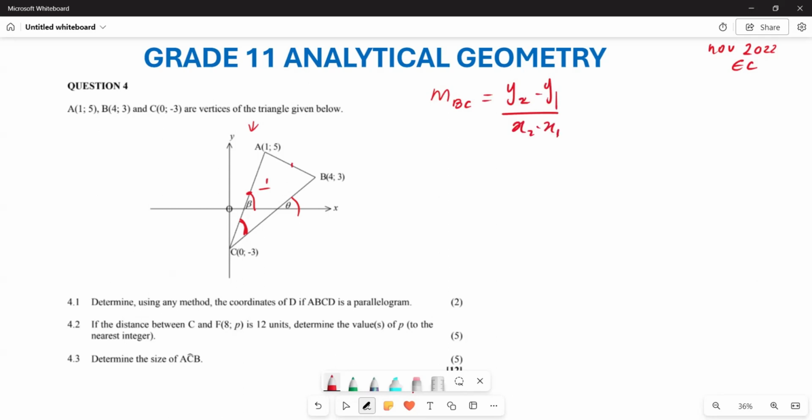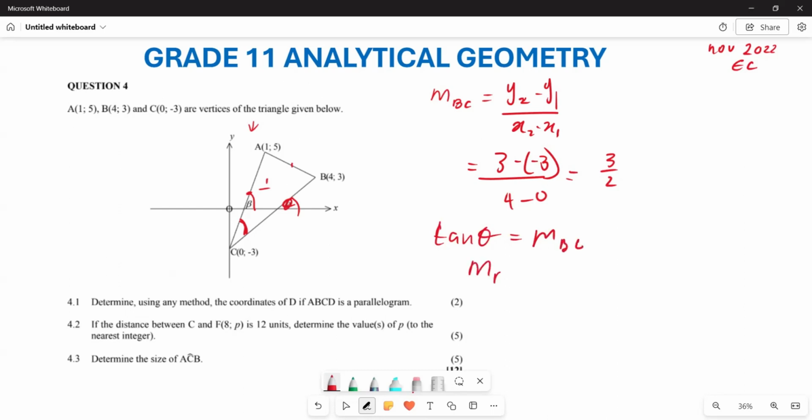Remember, we want to find out what is your theta. So what is going to be this? This is same as 3 subtract negative 3 divide by 4 subtract 0. And now, can you see this is going to be 3 over 2, which is going to be your gradient here, right? Now, as soon as you have the gradient of your BC, remember the gradient of your BC gives you the angle of theta here. So you can say, now your tan of theta is actually going to be the same as your gradient of your BC.